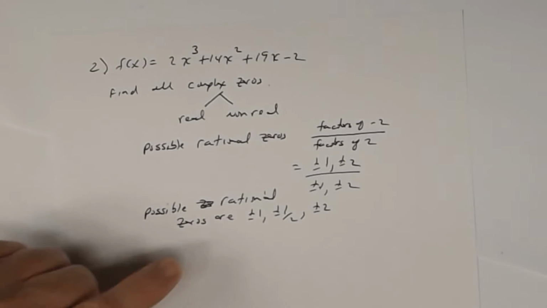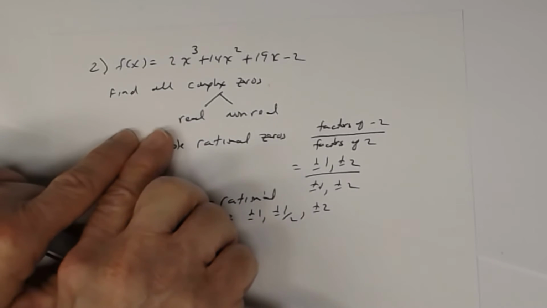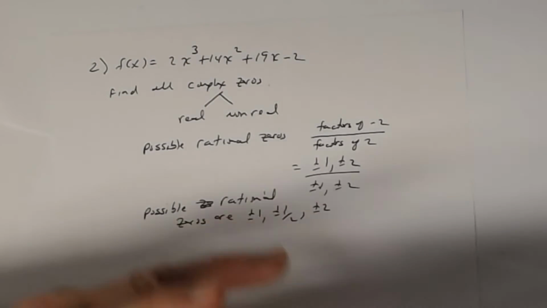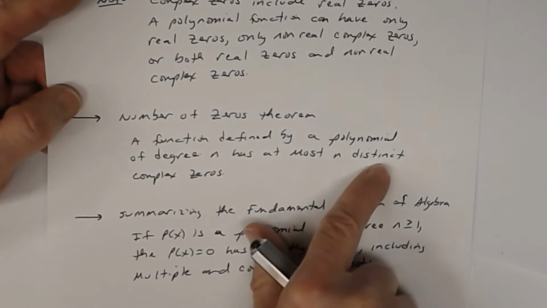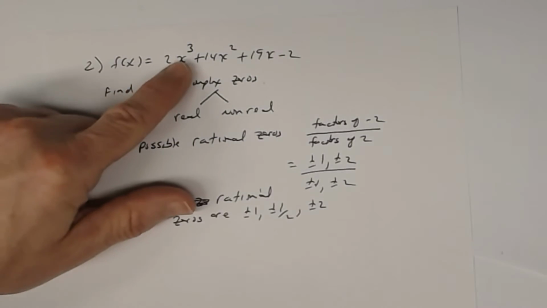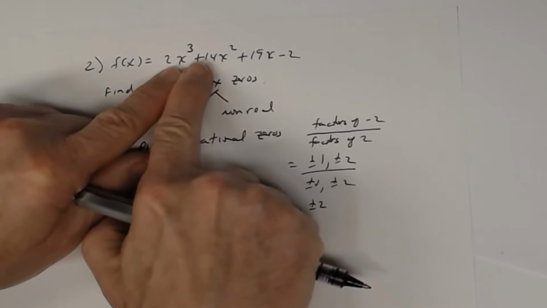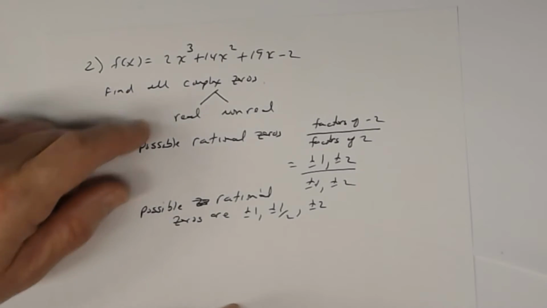Some of them may repeat, but I'll have 3. The number of zeros theorem says you'll have at most n distinct complex zeros, so I'll have at most 3 different zeros.